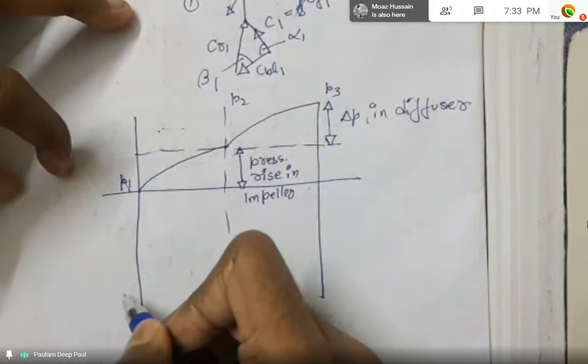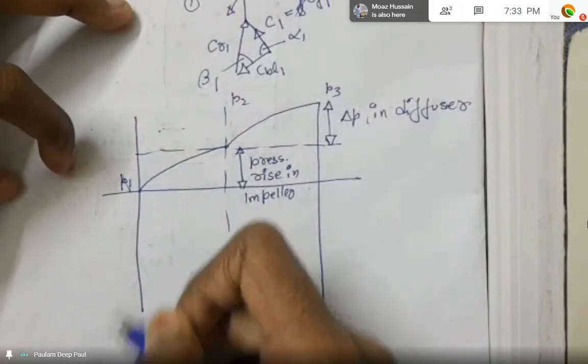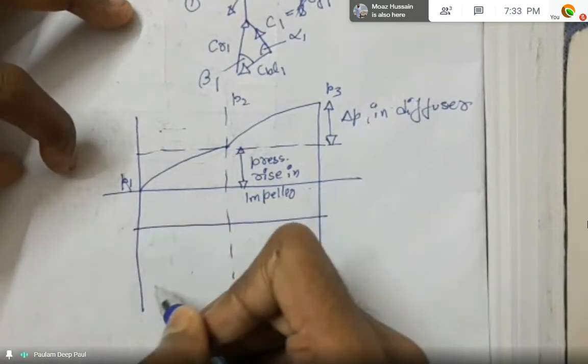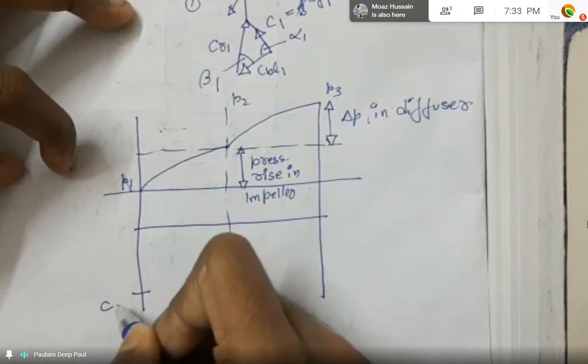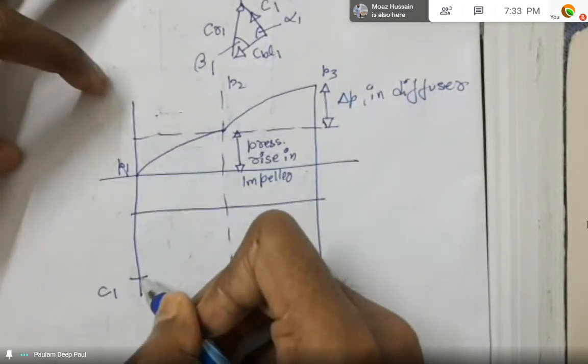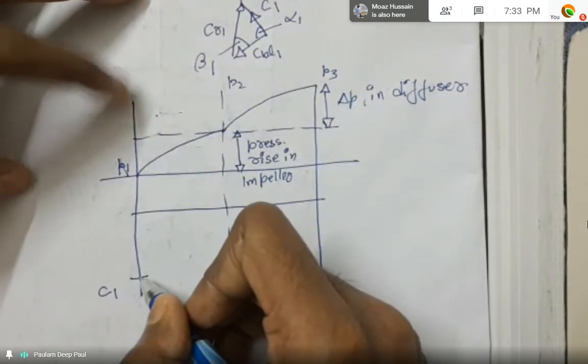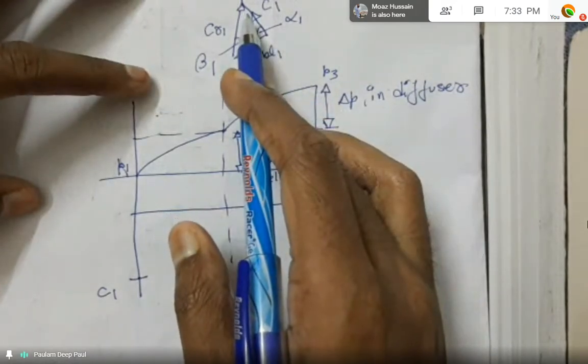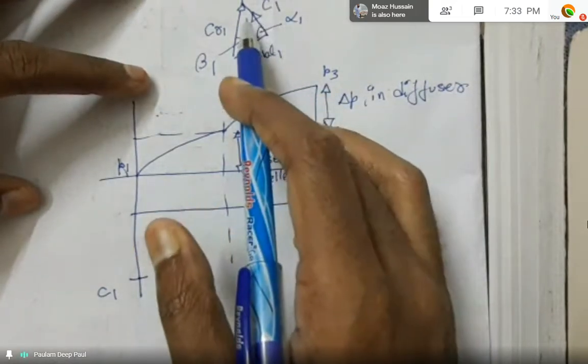Similarly, if you want to do a quick check on the velocity, suppose it is entering with a C1 velocity here. As it is moving from the impeller to the diffuser, the air is entering radially.